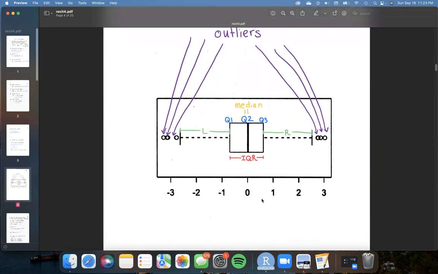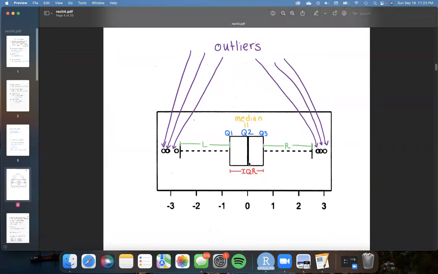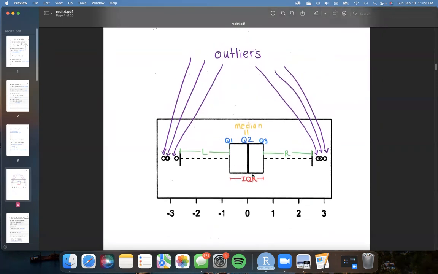All right. If you compare our answers, what we got for parts A through G, it should match this plot. We had that our median is 0, so notice that our median and Q2 line up with 0.